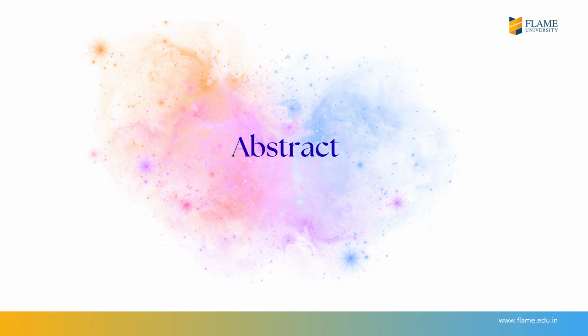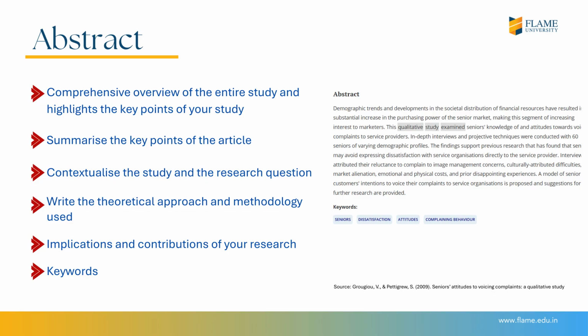Let's begin with abstract. An abstract is a standalone, comprehensive overview of the entire study and highlights the key points of your study. It enables readers to quickly determine the research relevance, central idea, methods, results, and conclusions.